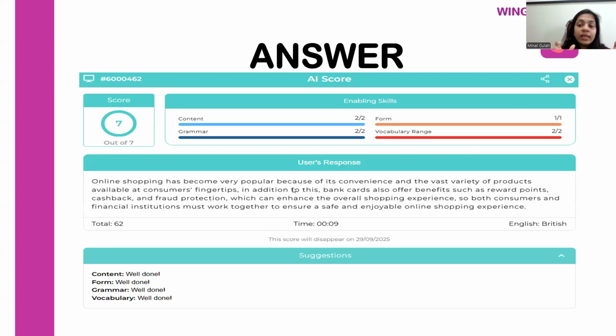If I'm writing in addition to this, and this is a positive line, I'm just praising online shopping, I'm in favor of online shopping, so this line will also be positive. You cannot write something negative. So if I'm writing in addition to this, it will be another advantage of online shopping. I've written bank cards also offer benefits such as reward points, cashback, and fraud protection, which can enhance the overall shopping experience.